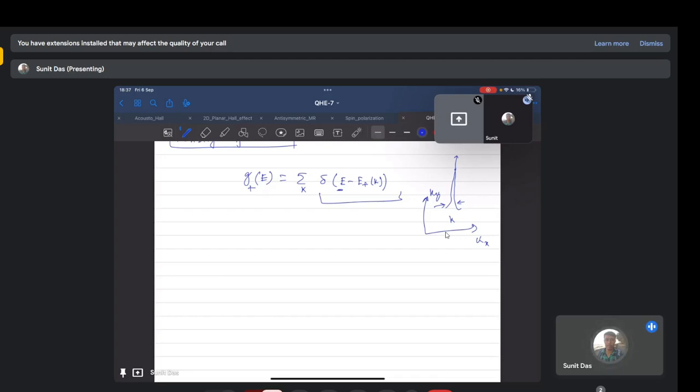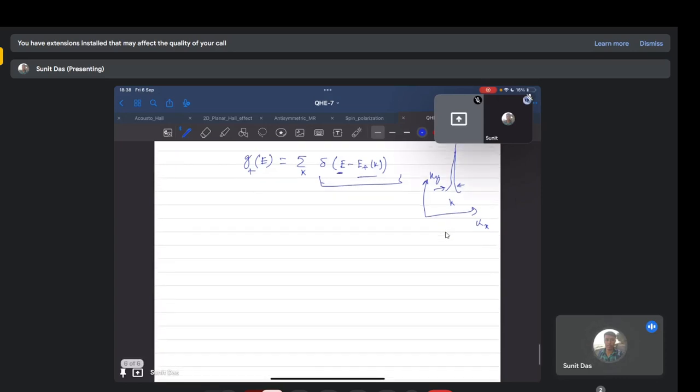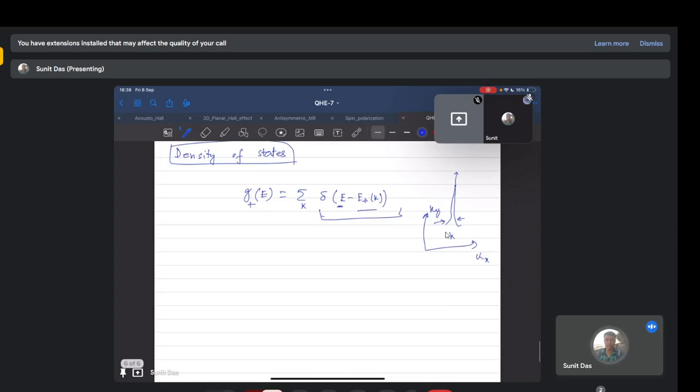And I have the dispersion relation epsilon plus of k, which is not the same everywhere in k space, as you have seen in graphene or any other material for that matter. So it varies in k space, and you are given some energy. The delta peak counts how many times that energy is repeated. So yeah, that's the main point.